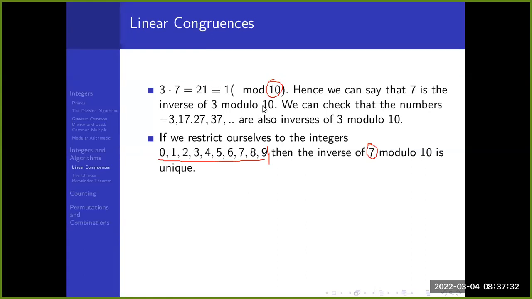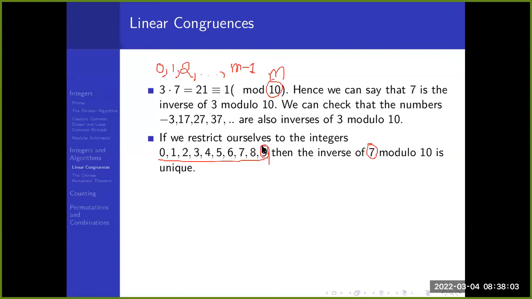So most of the time we'll be interested in working with integers that are less than m, if this was modulo m. So we consider only integers that are strictly less than m, from 0 all the way to m minus 1. Here, if m is 10, 10 minus 1 will be 9.